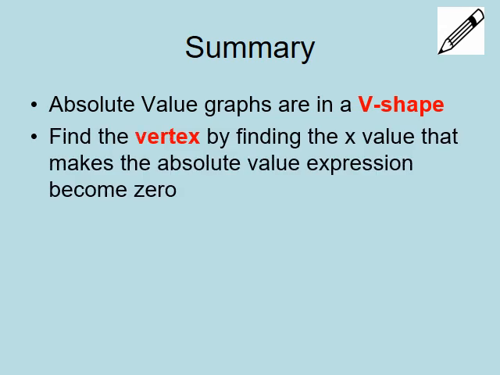We found the vertex kind of by guess and by golly, but as we progress through here, you can find the vertex by finding the x value that makes the absolute value expression 0. So for example, if I have something like x plus 3, that would mean, hey, negative 3 would make it 0. Therefore, my vertex is at negative 3 something. I'd have to plug it in to find out. So keep that in mind.